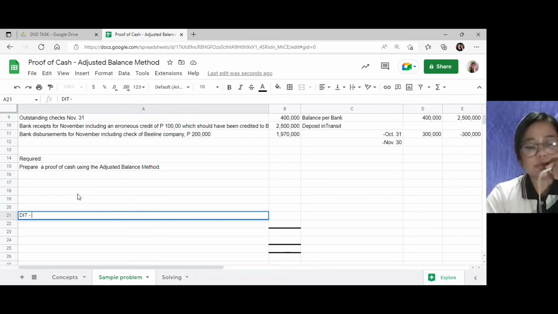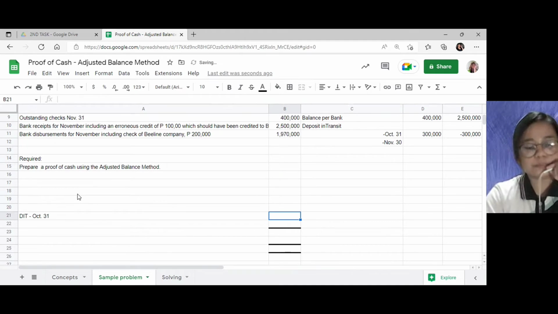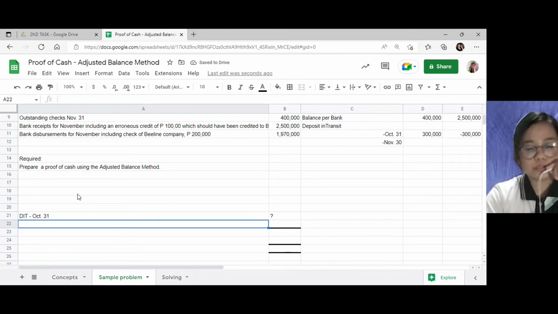To illustrate, let us try to compute first the deposit in transit at the end of November. So that's November 30. So how do we compute for the deposit in transit at the end of the month?